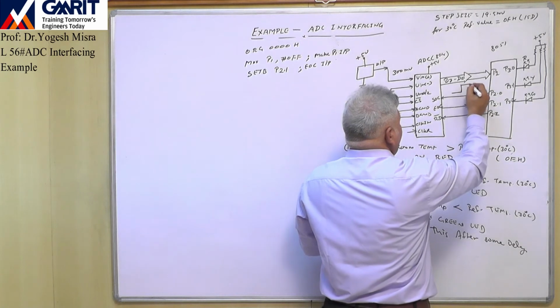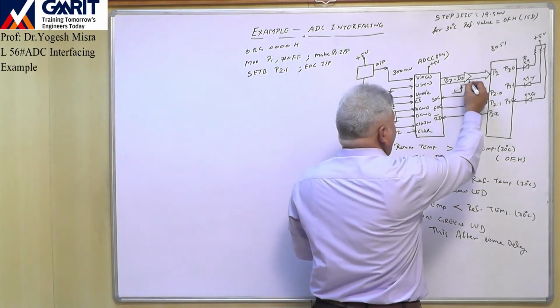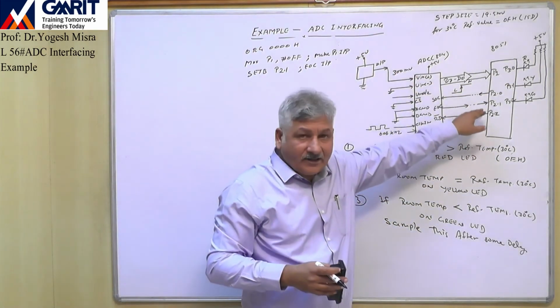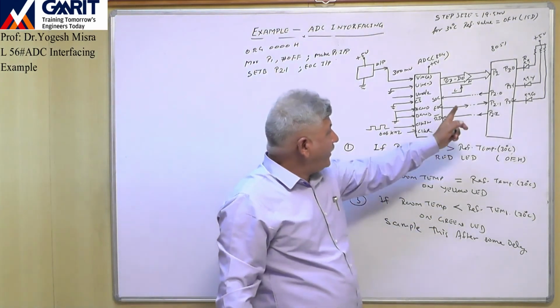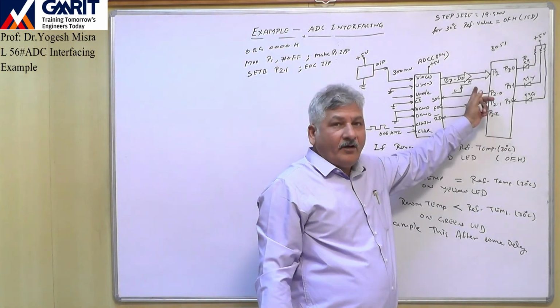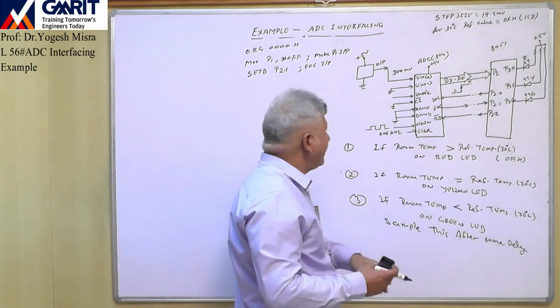This low to high pulse has to be generated, low to high, then only the conversion of analog signal into digital will start. So by default this pin is high. So first we will make this pin 0 and after this we will make this pin 1. So what will happen? 0 to 1 pulse will be generated.